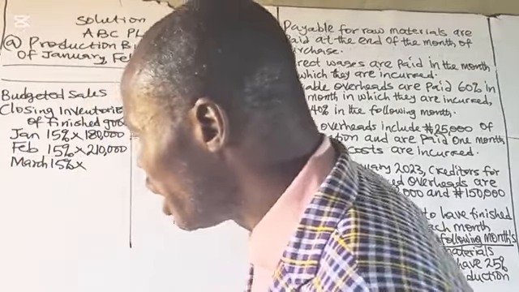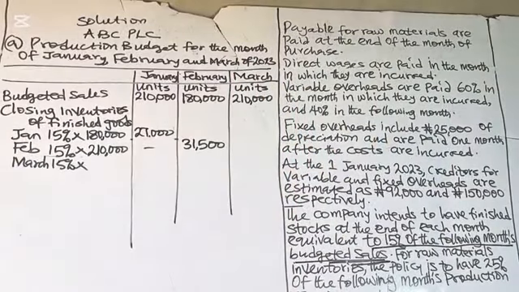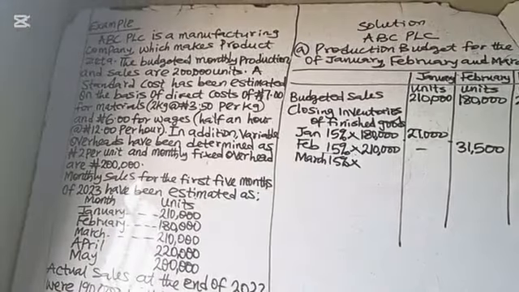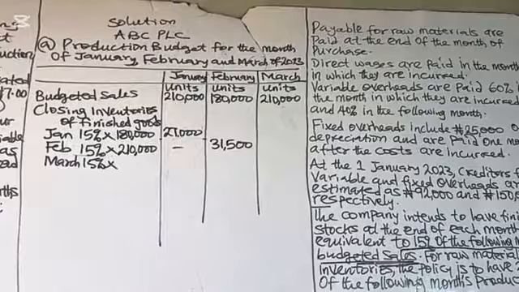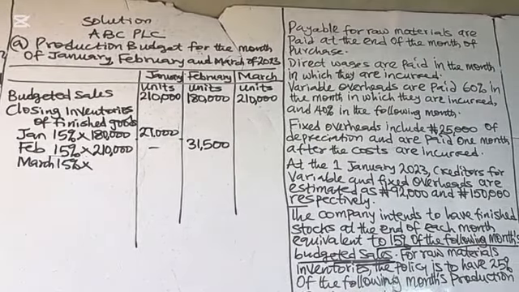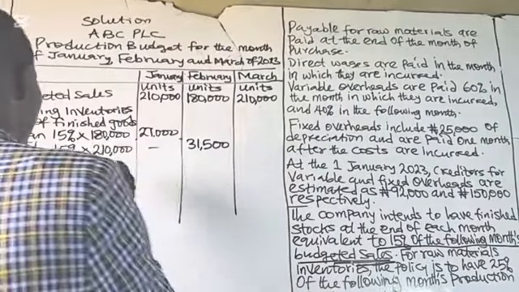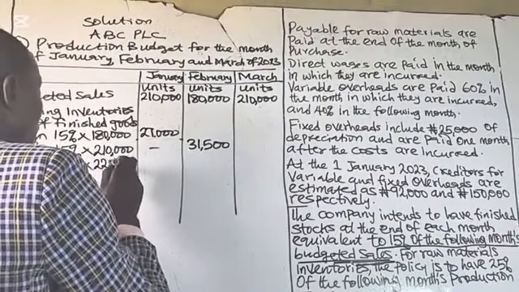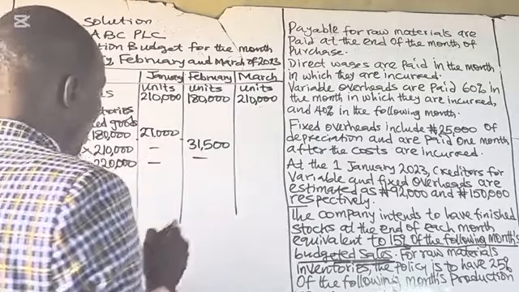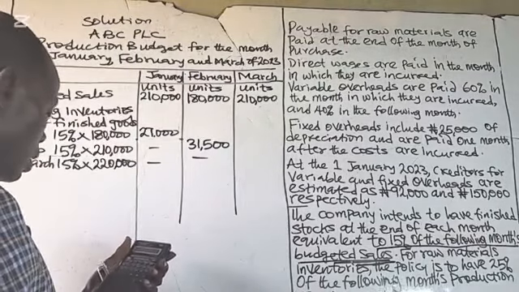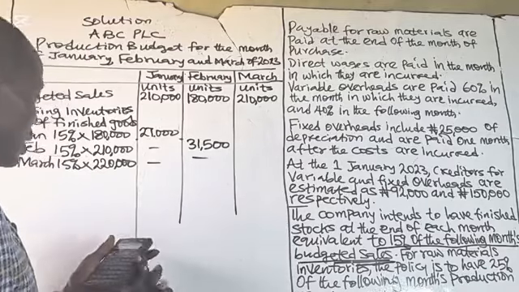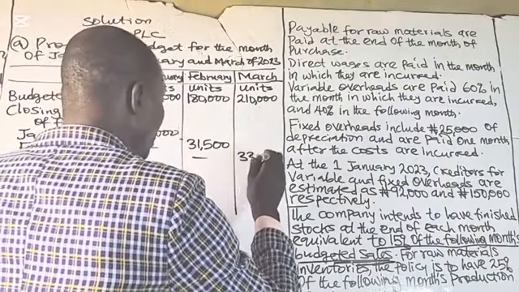And for the month of March, we have 15% of April sales. You are given the sales for the month of April to be 220,000 units. So if you calculate 15% of April sales, that will give us the closing inventory in the month of March. So we have 15% of 220,000 units. That gives us 33,000 units.